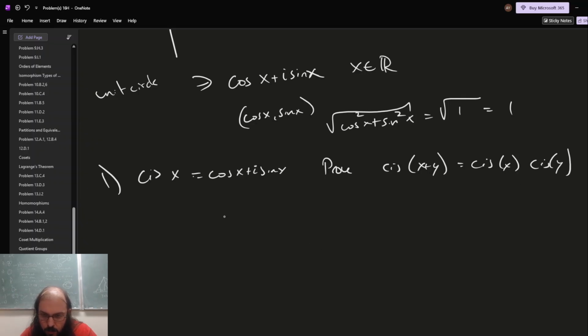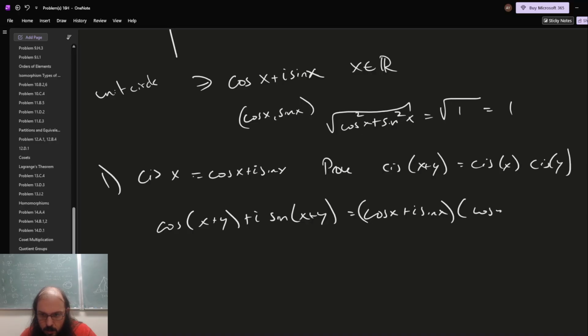And indeed, we can do this. Cis of x plus y is cosine of x plus y plus i sine of x plus y. Whereas cis x times cis y is cosine x plus i sine x, times cosine y plus i sine y.